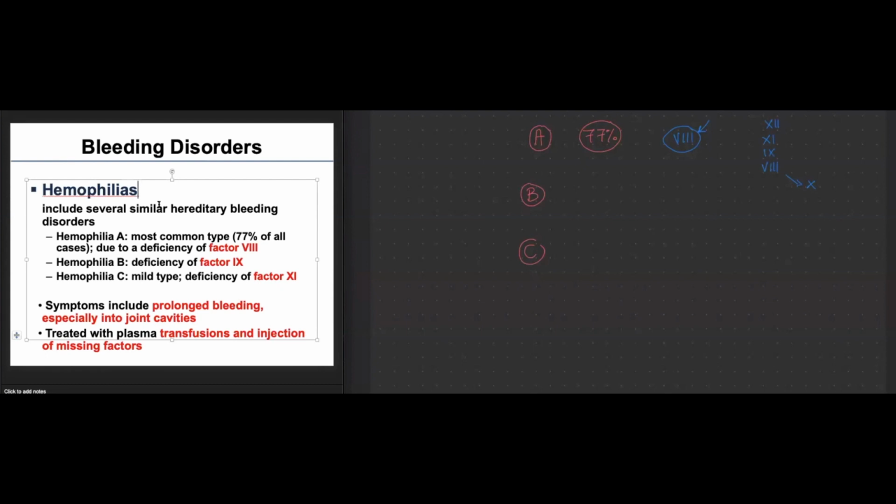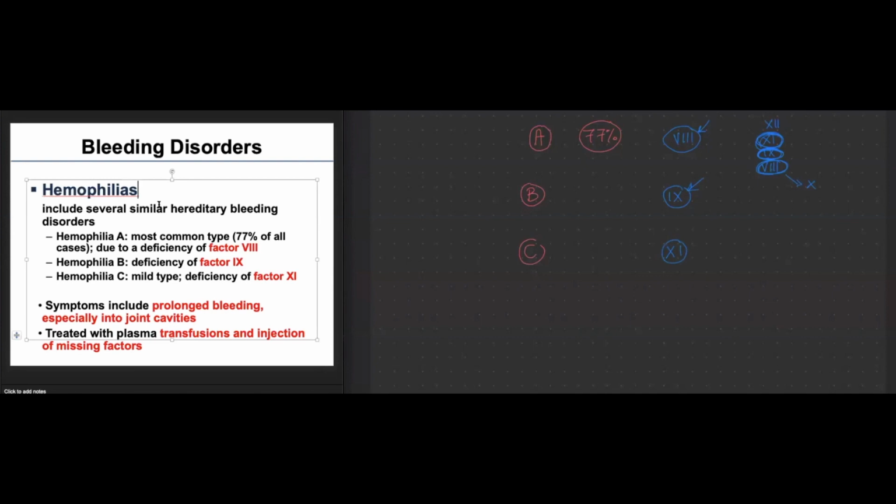Hemophilia B is much less common compared to A. It's going to be due to deficiency in factor 9. So you're still here in the intrinsic pathway. So factor 8, hemophilia A. Factor 9 deficiency is going to be hemophilia B. And hemophilia C is also going to be much less common than both A and B. This is going to be due to deficiency in factor 11.